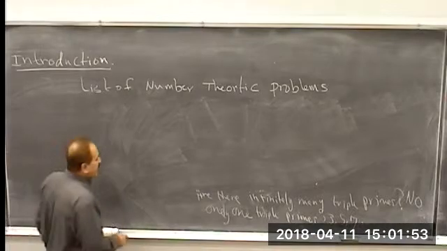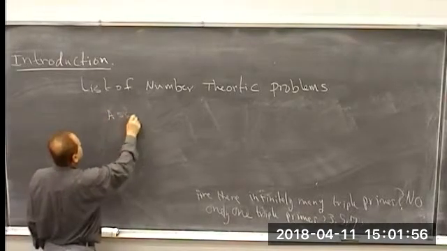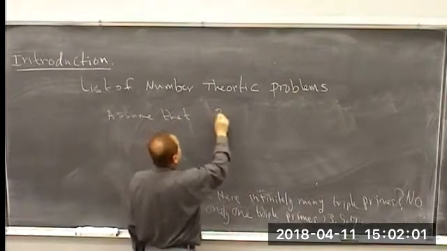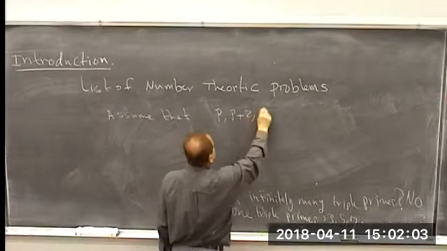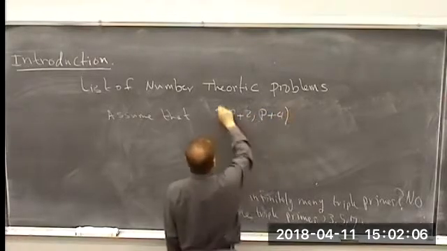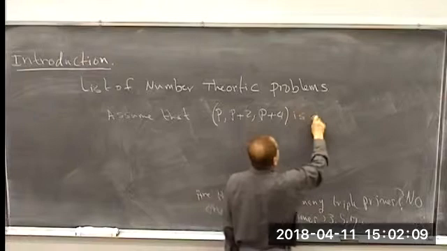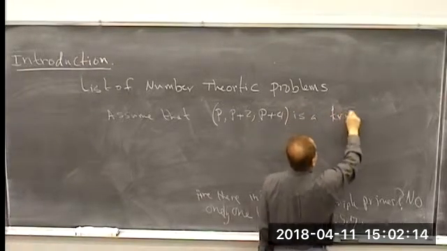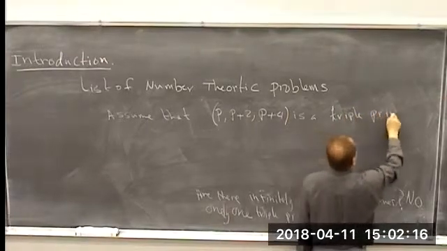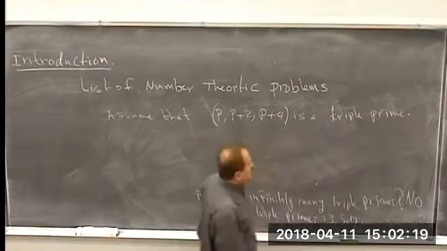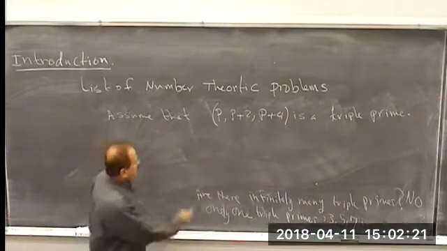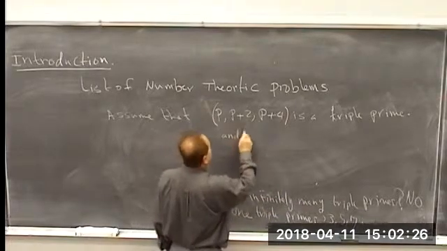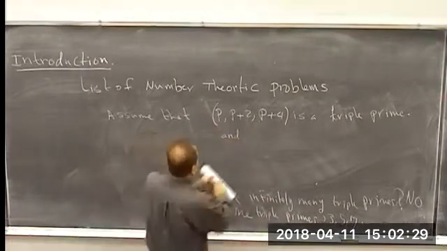Well, let's assume that P, P plus 2, P plus 4 is a prime triple, or triplet prime, and we're going to assume, because we want other than 3, 5, 7, that P is bigger than 3.